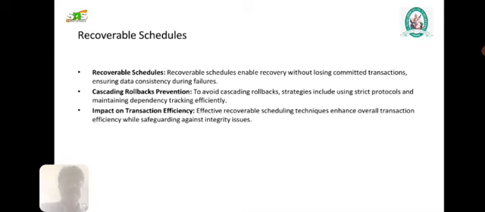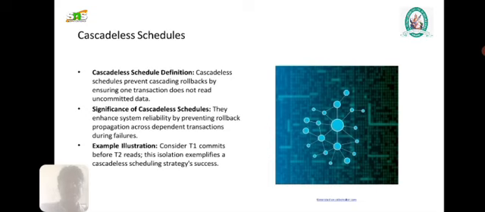Effective recoverable scheduling techniques enhance overall transaction efficiency while safeguarding against integrity issues. Cascadeless schedules prevent cascading rollback by ensuring one transaction does not read uncommitted data. The significance of cascadeless schedules is that they enhance system reliability by preventing rollback propagation across dependent transactions during failure time.